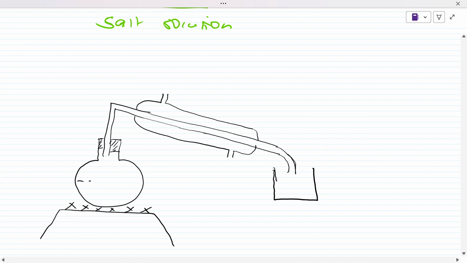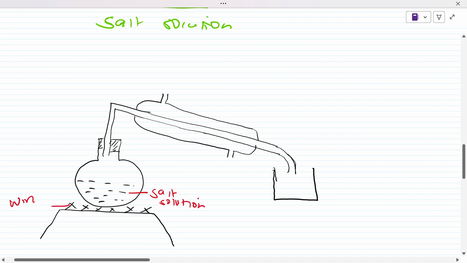Then inside here, I'm going to have the salt solution. So this is my salt solution. Now this is wire gauze.